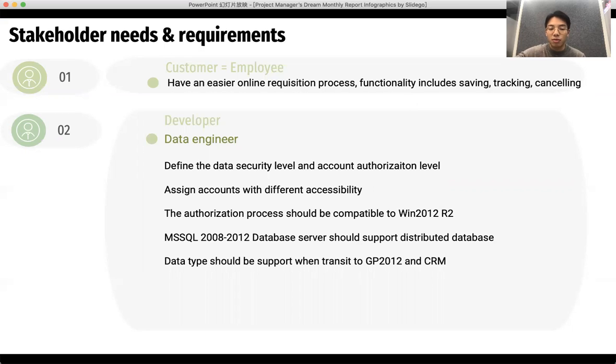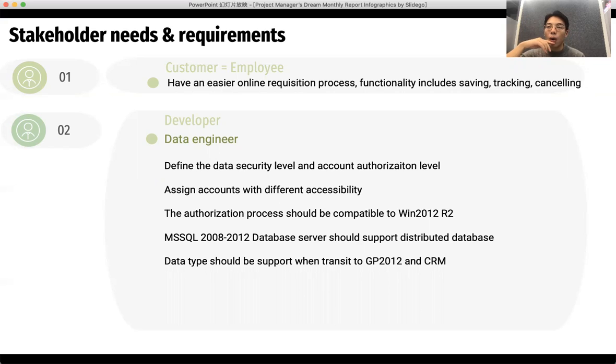The data security level means a requisition form has lots of information such as date, GST, and personal information. Different data should be identified with different security levels.